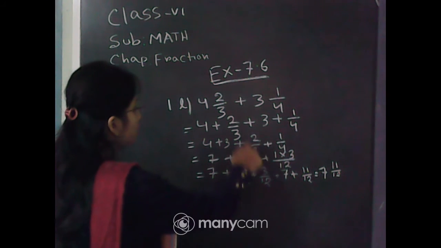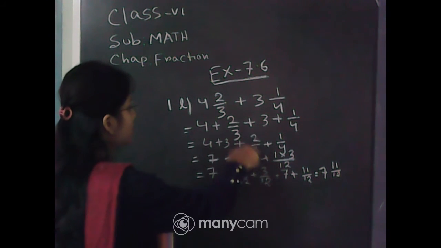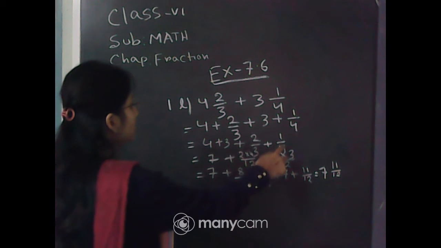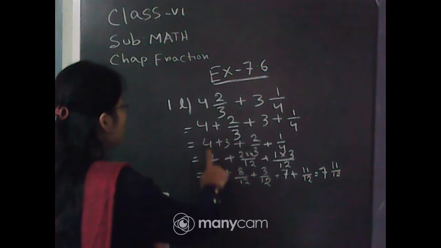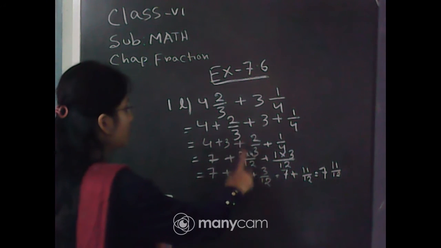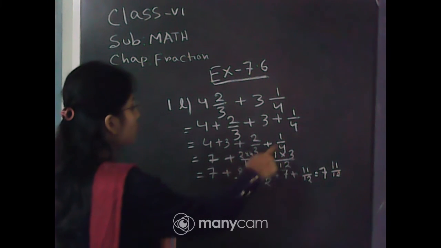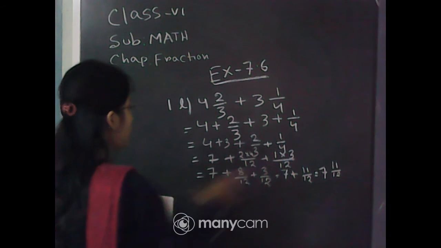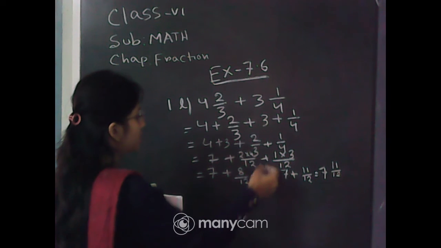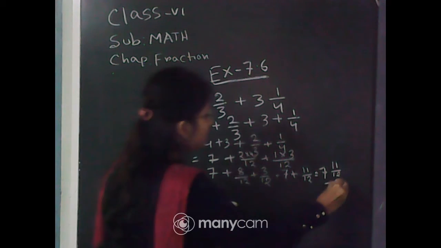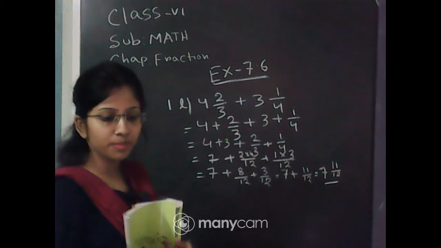Therefore, to make the denominator 12, we multiply this fraction by 4 and this fraction by 3. Therefore, we get 7 plus 2 cross 4 divided by 12 plus 1 cross 3 divided by 12, that is 7 plus 8 divided by 12 plus 3 divided by 12, and the answer is 7 whole 11 by 12.